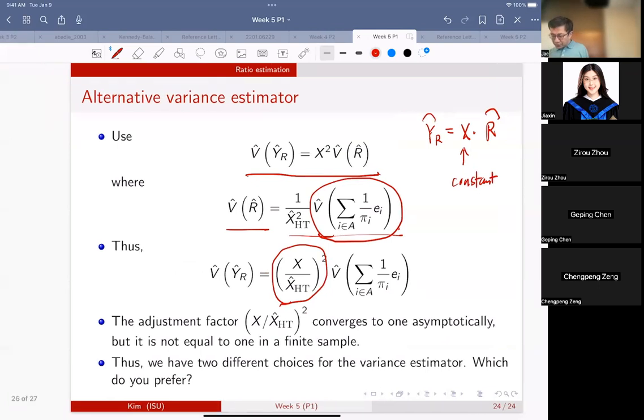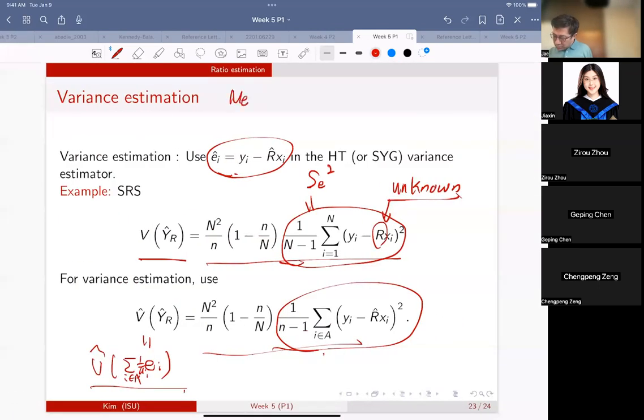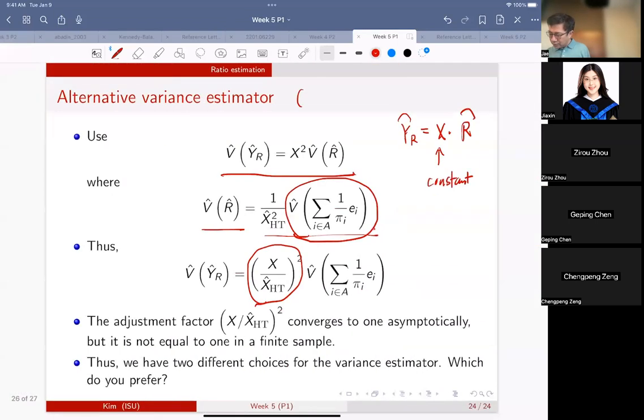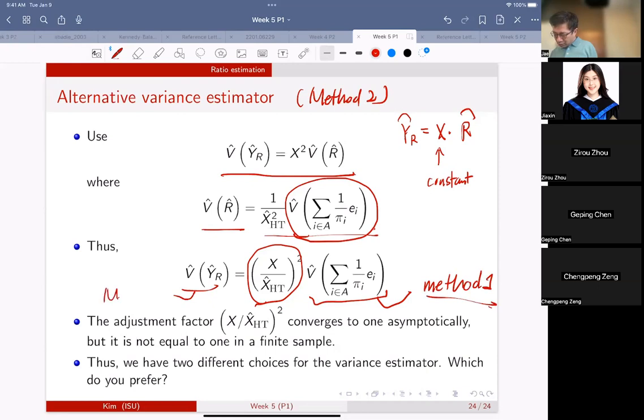You can call this method 1, and this is method 2. Then this is the variance estimator of method 1, and this is your variance estimator on method 2. So your method 2 variance estimator is this times the variance estimator of method 1.